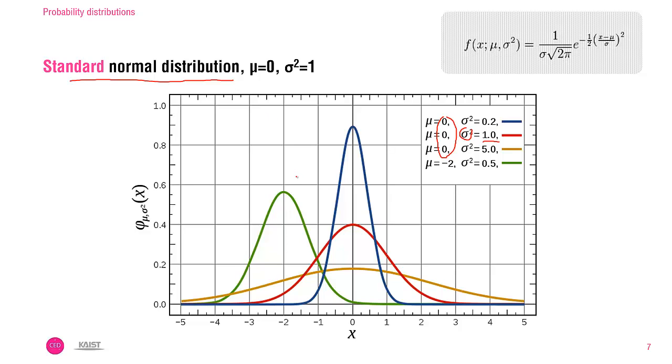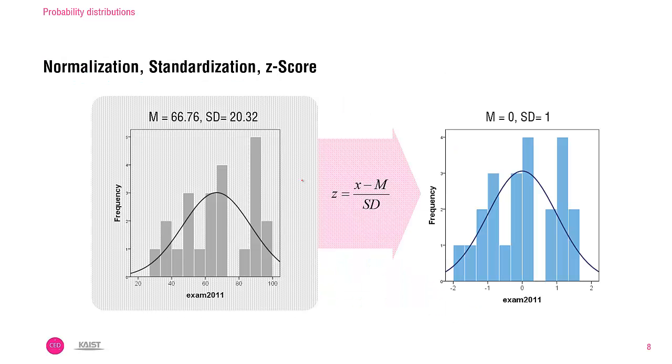Among these four curves, the red one is the standard normal distribution. We can transform the data to the scale of the standard normal distribution. We call this process normalization or standardization.